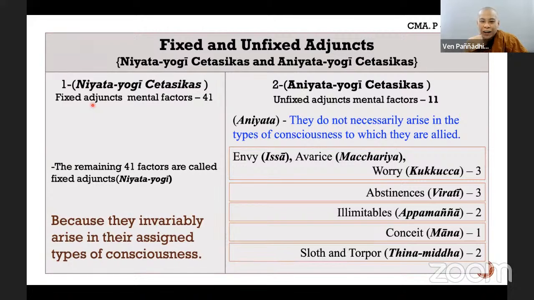If you don't understand, no problem. If you understand that these are beautiful factors that must be fixed, and must always arise in their assigned types of consciousness, then when the question comes into your mind, don't worry, just keep the question.